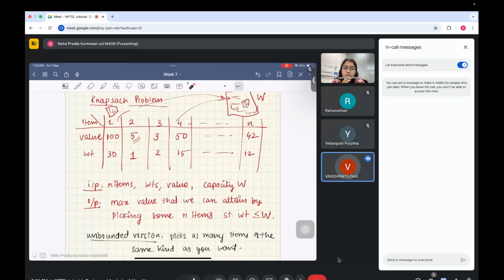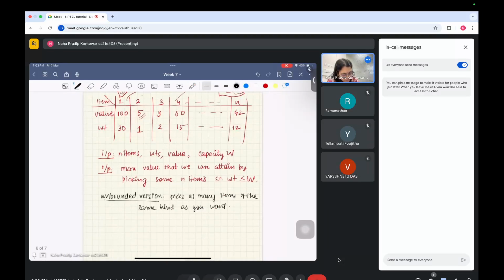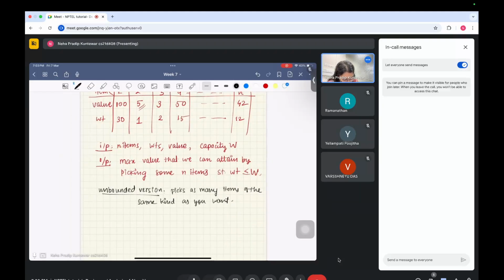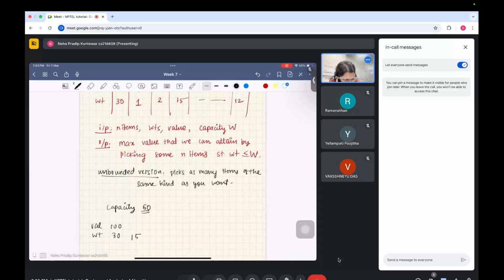Ma'am, we can sort the array according to their value and then fit items until it gets full. Okay, so if you sort them according to the value, then let's say you sort them and let's say the capacity is 60 for me, and then the values are like this, 100, 30, but then if I do 15, then I can make 75.